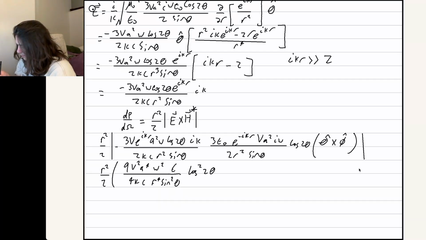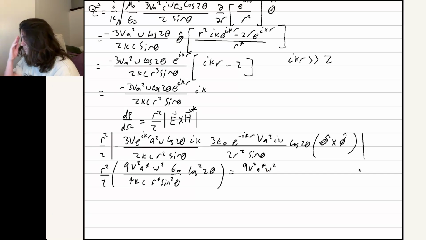And there's an epsilon not here, which is funny. We can simplify that. So it's going to be r squared over 2. Actually, let's go ahead and factor that r squared through. So 9v squared a 4th omega squared epsilon. It's epsilon times the square root of mu epsilon.